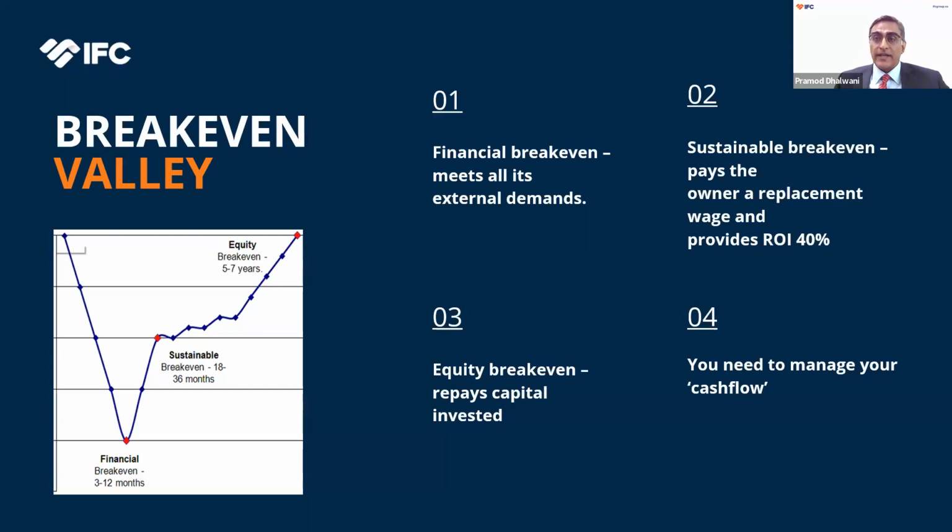You would expect to take some return. And when the business is able to give you that sustainable return is the important part. So that is called the sustainable break-even. If the business has reached that, great. Congratulations. You've gone from financial break-even to sustainable break-even.